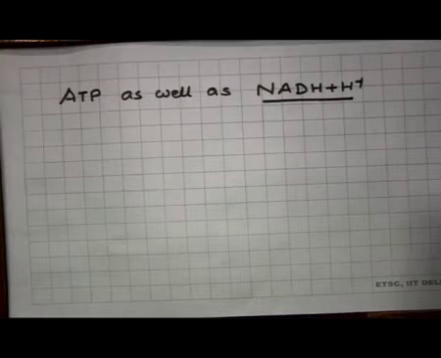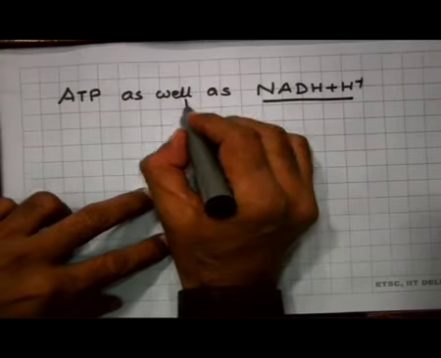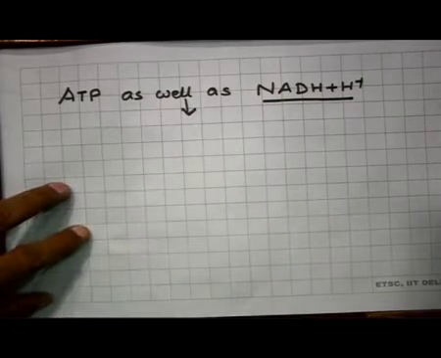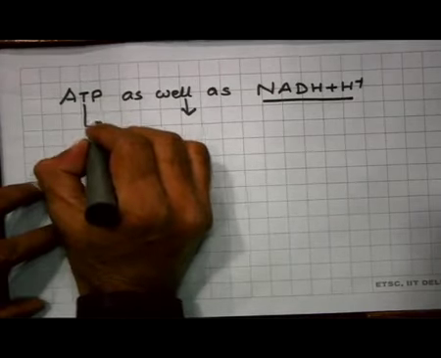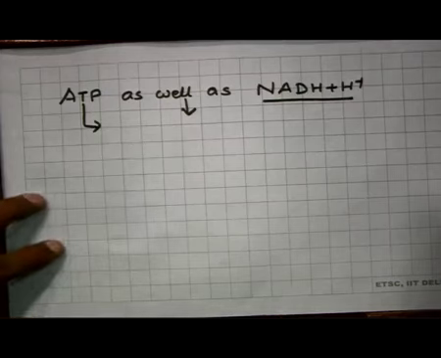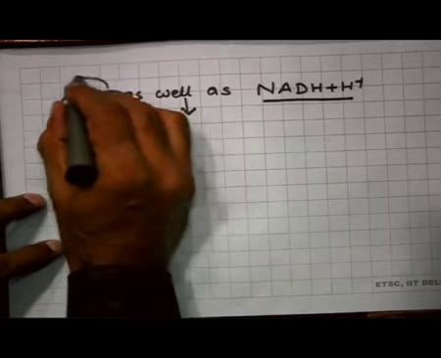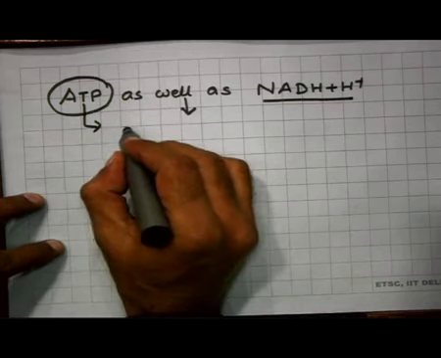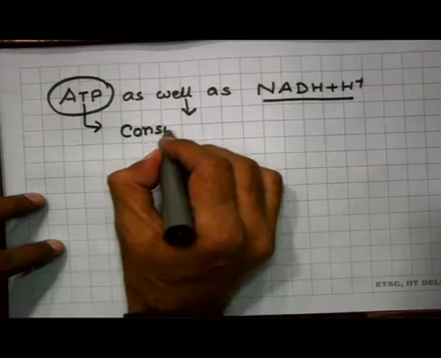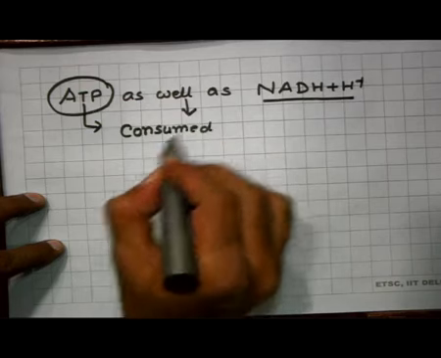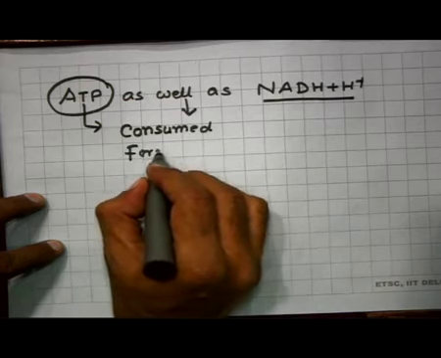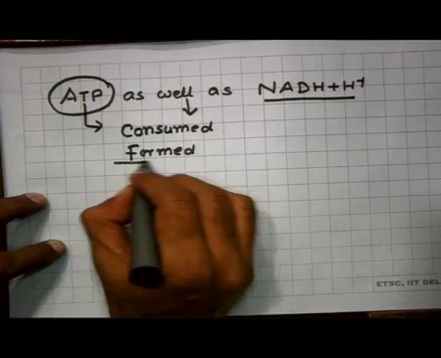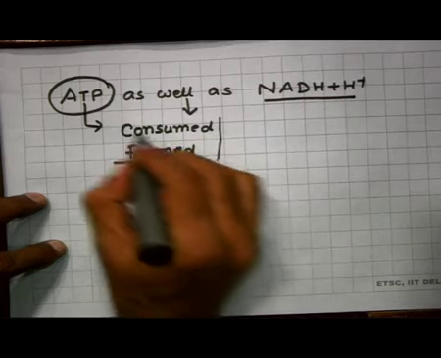Firstly, it is well to know what is the composition of ATP, because in various steps of respiration ATP is either consumed or formed. So, firstly discuss about the ATP.